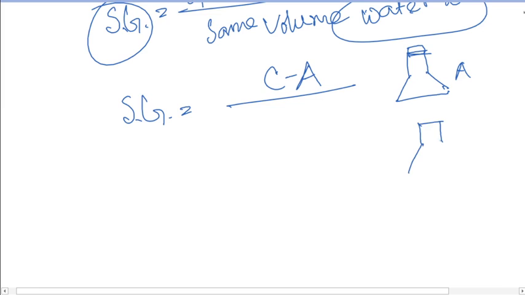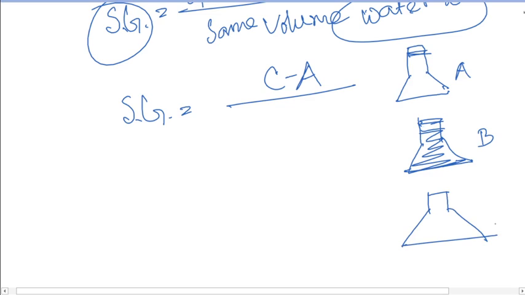This is B, totally filled up with water, including the stopper. This is C, along with the stopper, 1/3 filled with bitumen.